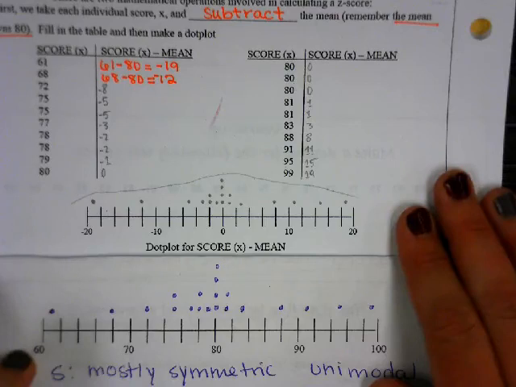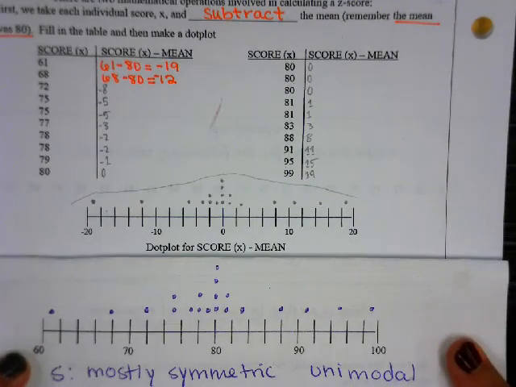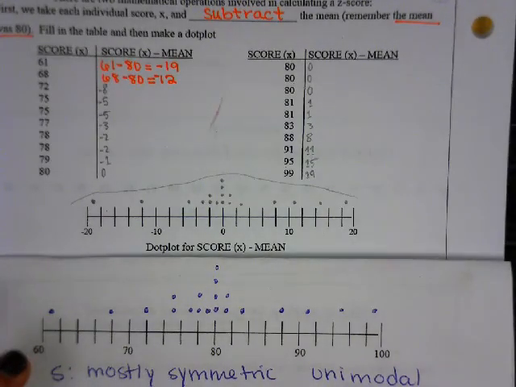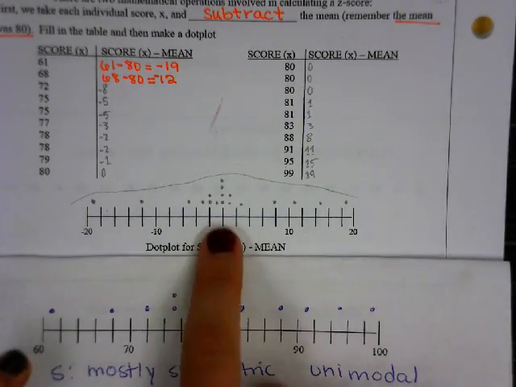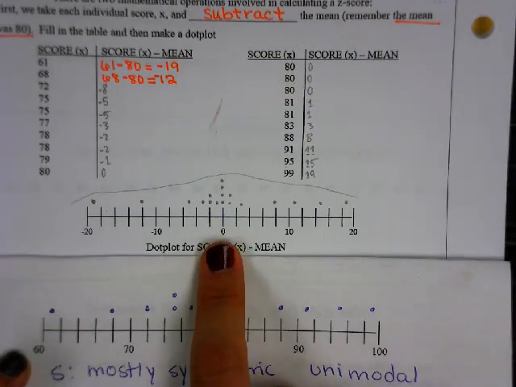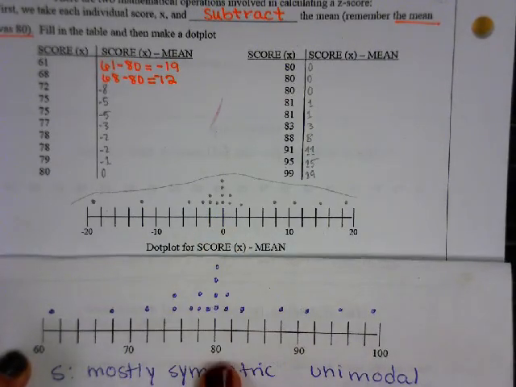So what happened to our shape? Did our shape change any? It's the exact same, except for the numbers. So what changed? What was the center on this one? What's the center on this one? 80. So our center changed.